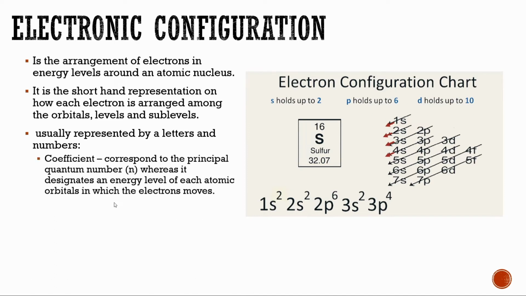Okay? So, it is represented by letters and numbers. So, if we are going to represent that, we have the coefficient. Okay? Corresponds to the principal quantum number. Whereas, it designates an energy level of atomic orbitals in which the electron moves. So, saan po dito ang coefficient?